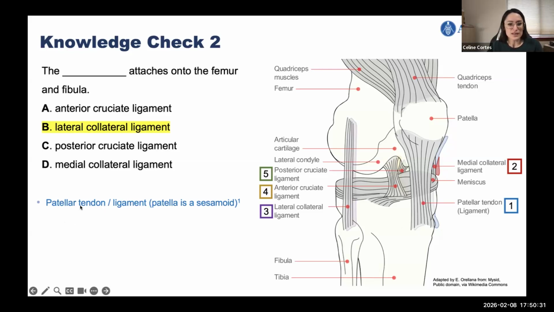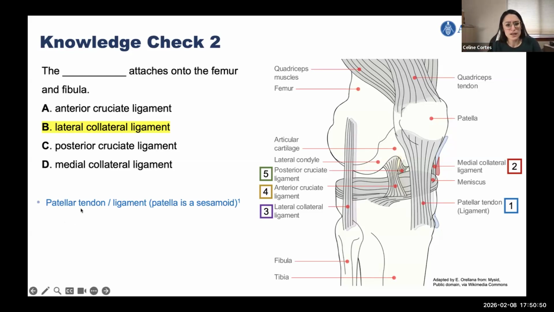The patellar ligament is also sometimes called the patellar tendon. You may have learned this before, but the patella in itself is a sesamoid. A sesamoid is a special type of bone that appears within a tendon, or grows within a tendon.